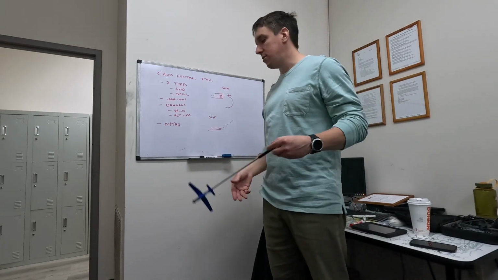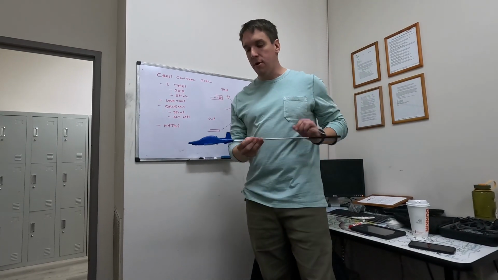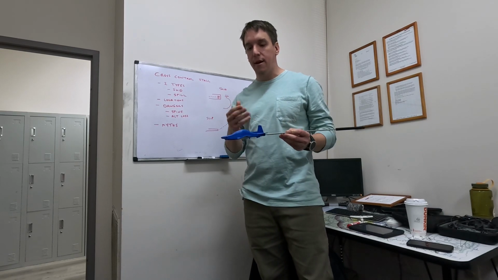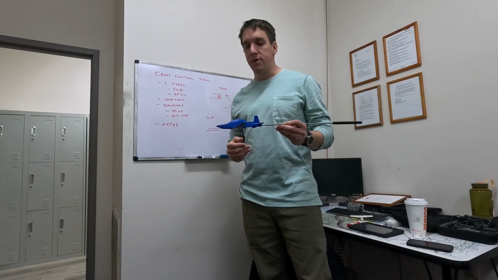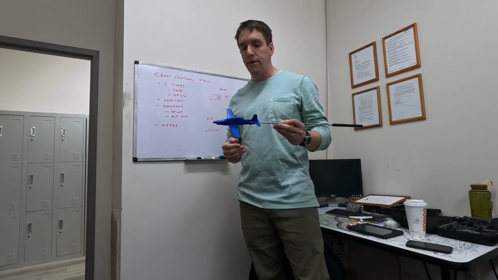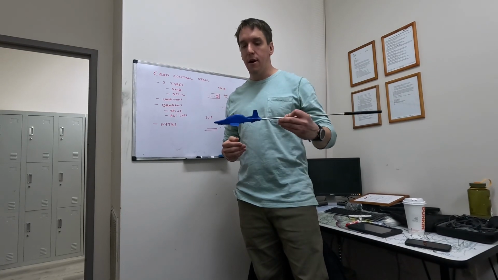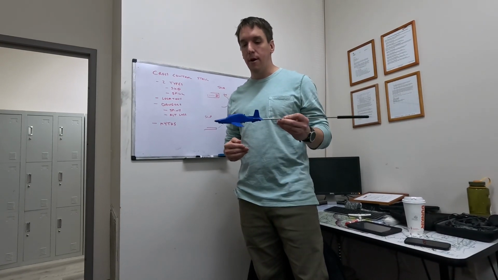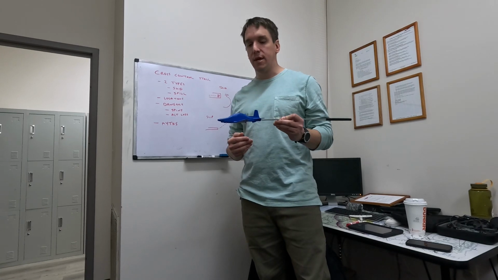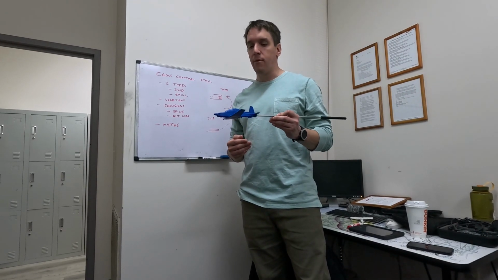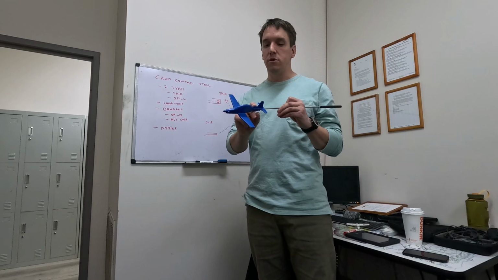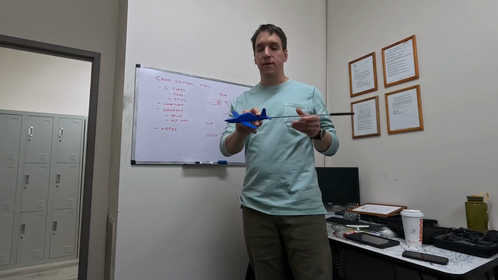So the two types. All cross control stalls are predicated on having two control inputs. You're going to have an aileron input, and then you're going to have a yaw input, so a rudder input. When it comes to a skid, let's say we're going to do a left turn, so left wing low. A skid is applying rudder to put the nose inside the turn.